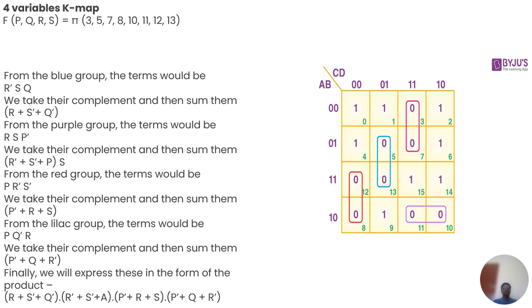We take their complement and the sum of them is R dash plus S dash plus P. From the red group, the terms would be P, R dash, S dash. We take their complement and the sum is P dash plus R plus S. From the lilac group, the terms would be P, Q dash, R. We take their complement and the sum is P dash plus Q plus R dash.